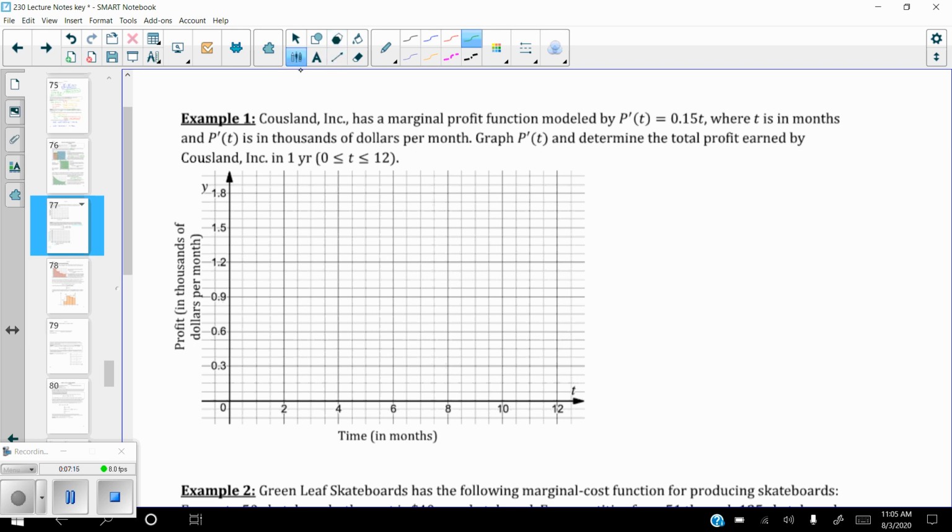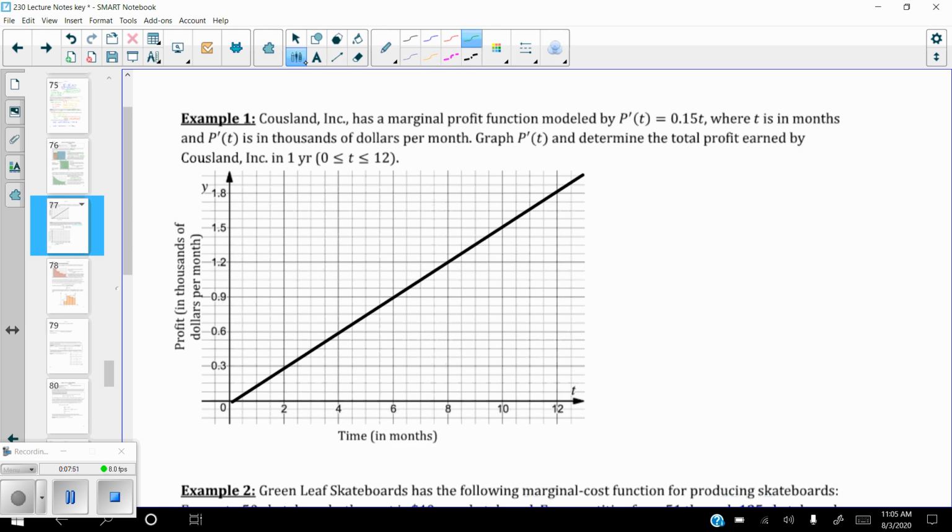There's lines, let's do that one. All right, so if I start at 0, if I go 0.15, that's going to be right about there. So it looks like it's basically just going to cross through all of these. It looks something like that. That looks pretty good. All right, so there is our graph of our marginal profit function.